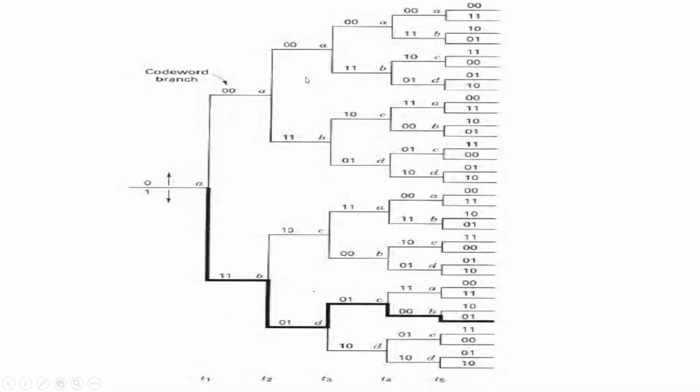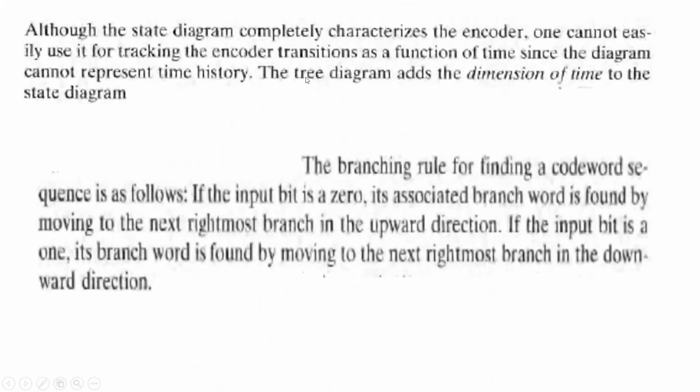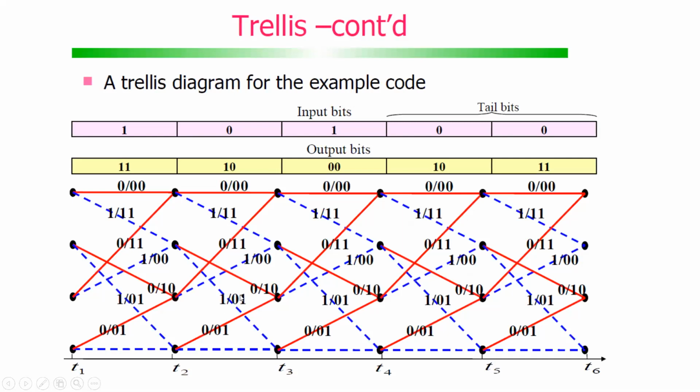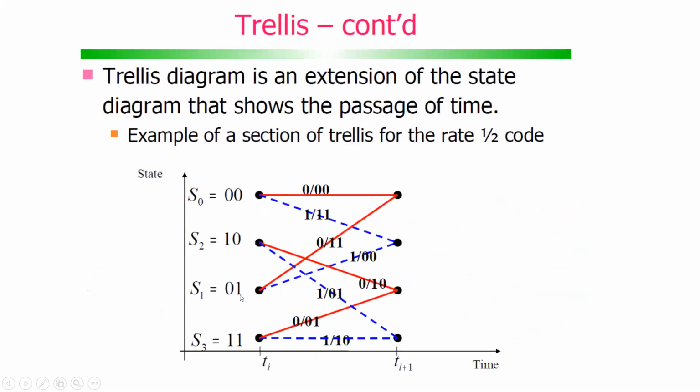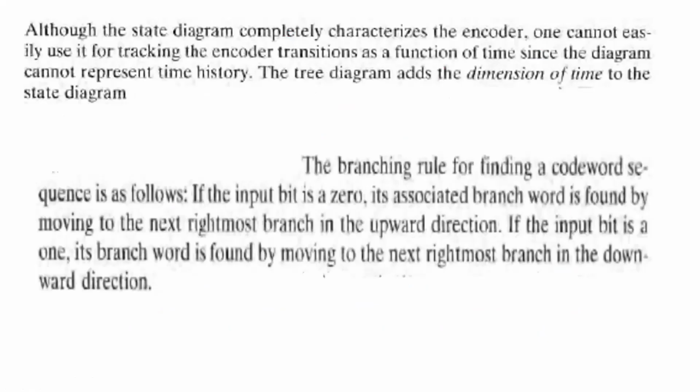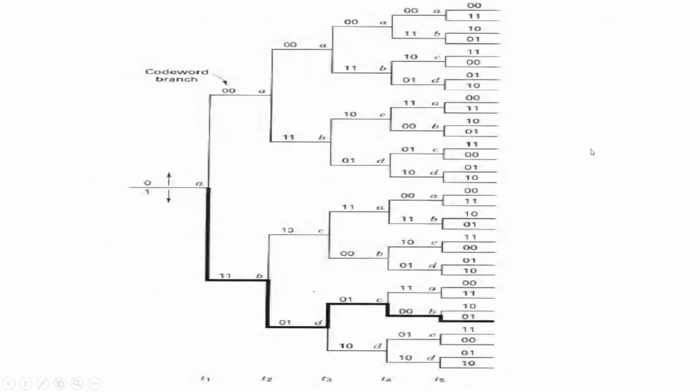And that new structure is called the trellis diagram. So this is the trellis diagram, which results after you merge the upper portion of the tree structure and the lower portion of the tree structure.